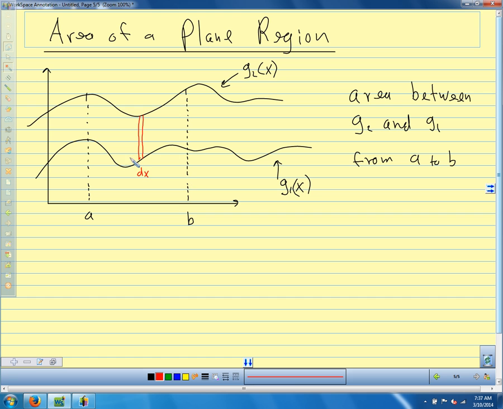And what we're going to do is find the area of a single one of these rectangles by integrating.